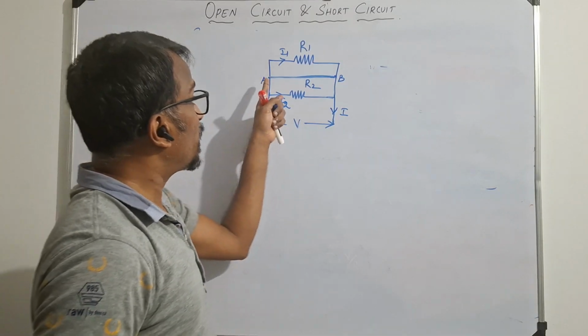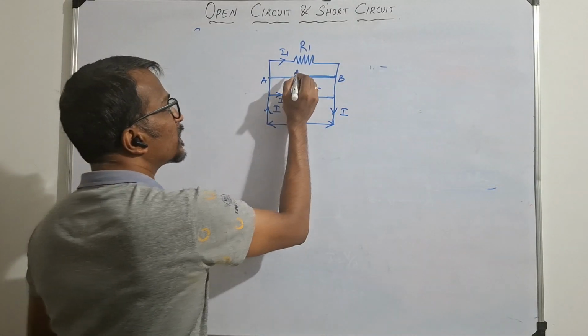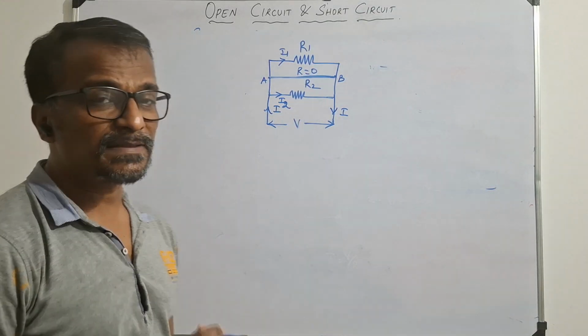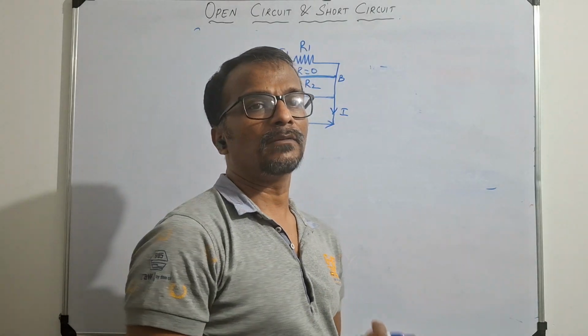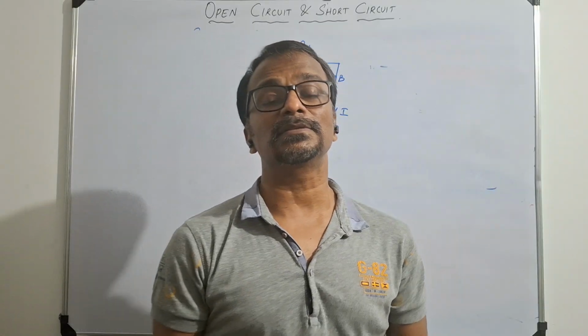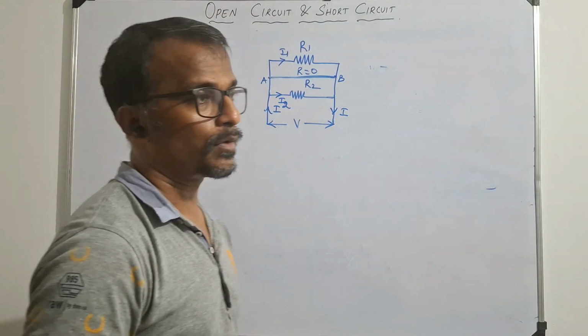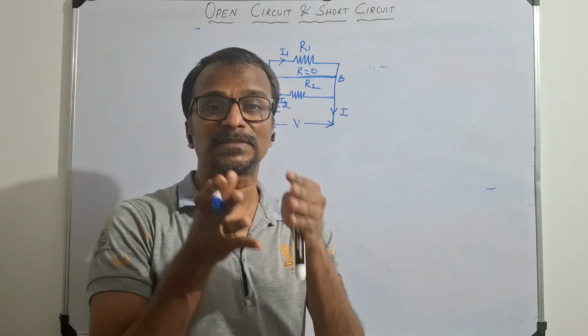Okay. So when I short like this, that is called a short circuit. That means here the resistance is equal to 0. Resistance 0 means there is no parameter which will oppose the flow of current. Always the current will flow through the easiest path.